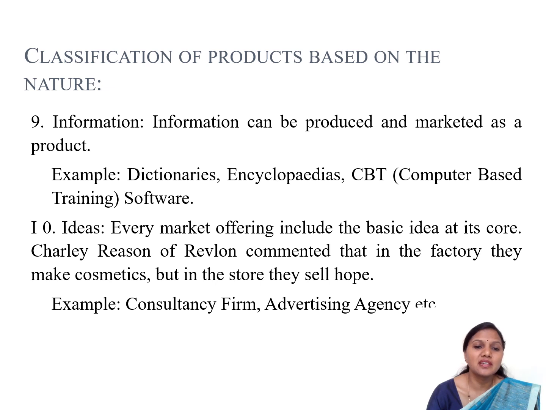It can also be sold. Software is also information. The journalists collect the information and telecast it in news on TV channels and in newspapers. So they sell the information and earn money. So information is also a product.